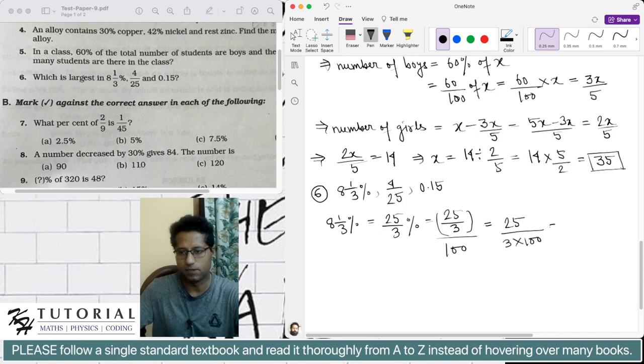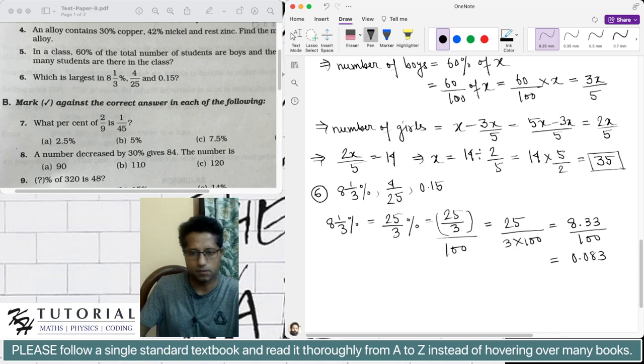Now if you convert the fraction 25 by 3 to a decimal, it will be 8.33, and we have divided by 100. So this 8.33 when divided by 100 becomes 0.083. Okay. So the 8 and 1 by 3 percentage is equal to 0.083 decimal.